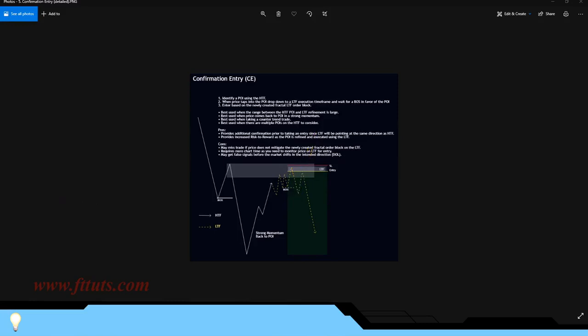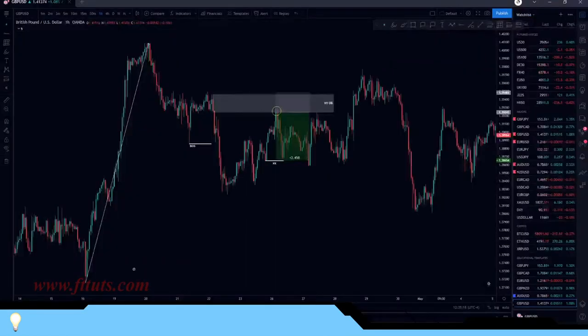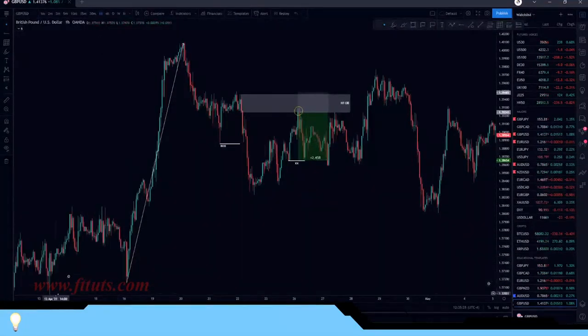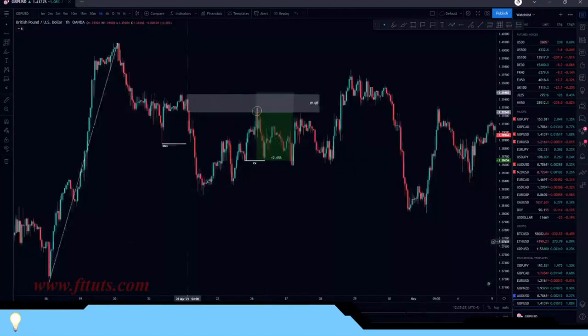Now let's take a look at a candlestick chart example of a confirmation entry. Let's take this GBP USD example. Okay, so we can clearly see that the momentum or structure is to the upside. So we can clearly see price moving to the upside, and considering taking sells from this order block that was created from this impulse to the downside is a counter trend trade, right?